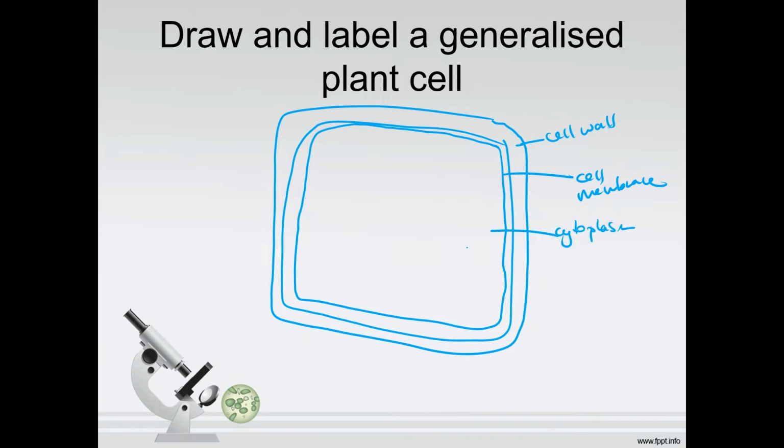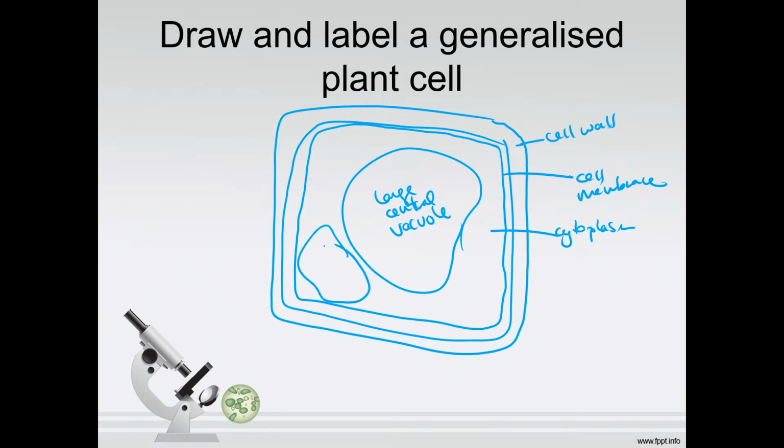We've got a large central vacuole. We've got a nucleus with a nucleolus. We've got some chloroplasts with stacks of thylakoid pancake. We've got some mitochondria. We've got some rough ER. And maybe some free ribosomes.